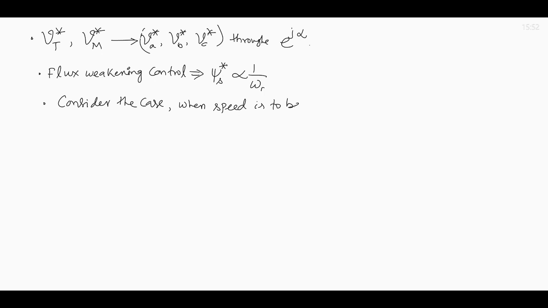Because the speed is to be increased suddenly, the speed command omega r star is increased.